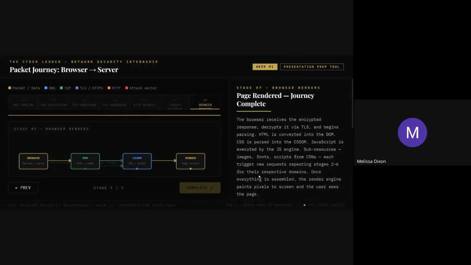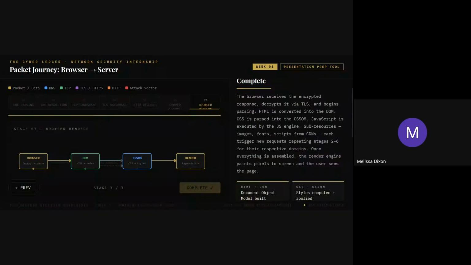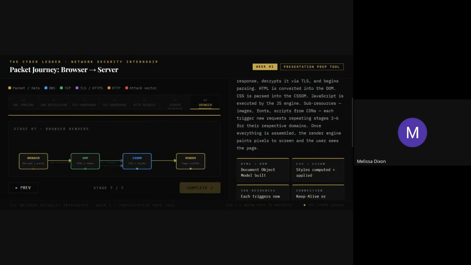JavaScript is executed by the JavaScript engine, and sub-resources like images, fonts, scripts from CDNs each trigger new requests, repeating stages 2 to 6 for their respective domains. Once everything is assembled, the render engine paints pixels to screen and the user sees the page, essentially.